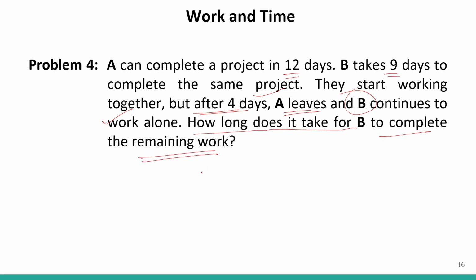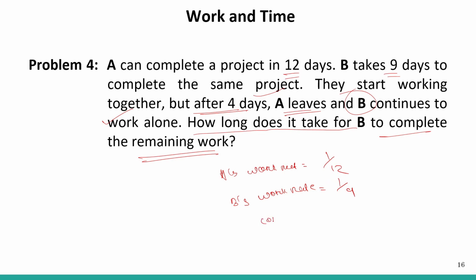Okay, so A and B combinedly worked for 4 days. So let's work out their fractional work done. Let's first calculate their individual work rates. A's work rate is equal to 1 by 12. B's work rate is equal to 1 by 9.